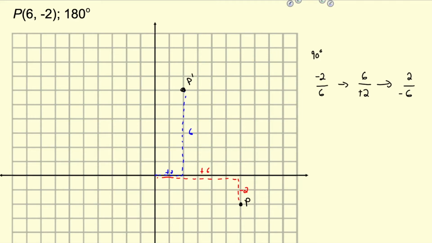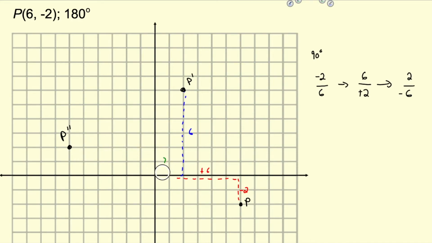So you end up getting (-2, -6), which means we're going to end up going a height of 2 and a negative 6, and that gives us our point, P double prime in this case, because I did it twice. And that's what a 180-degree rotation is really composed of: two 90-degree rotations.